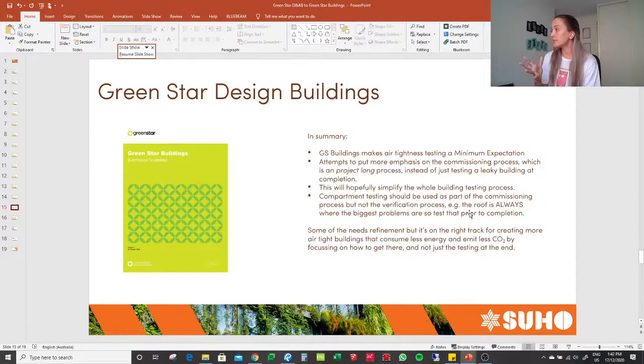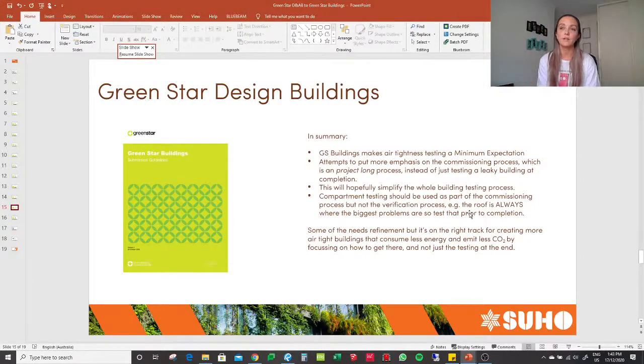So basically, the summary of this tool is that Green Star Buildings makes air tightness a minimum expectation, and also, the test is still required, but it puts a much heavier focus on the commissioning process, and puts a requirement on the project team to start thinking about air tightness from the schematic design phase, the design phase, all the way through to verification phase.